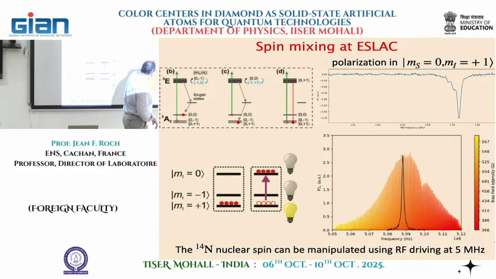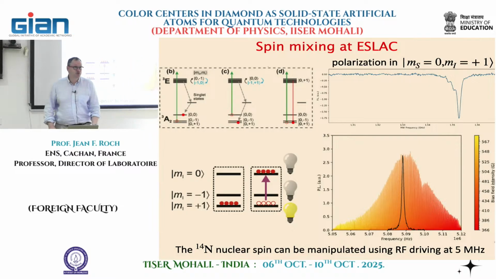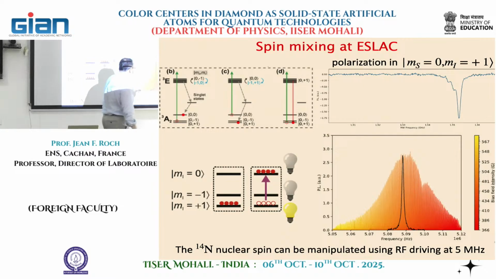And what's also interesting is that we see some dips here, and these dips are associated to the coupling, a spin exchange, with the electron spin of nitrogen atoms that exist in the sample and that were not converted into active NV centers. And we have this spin resonance that can occur.